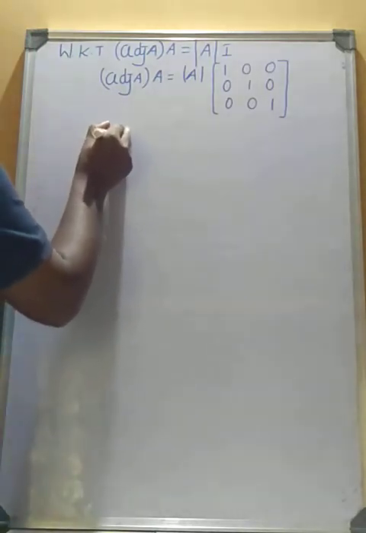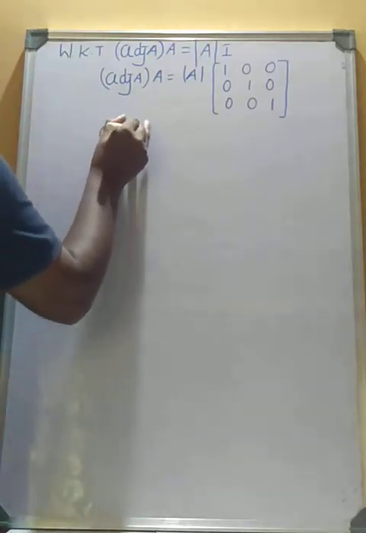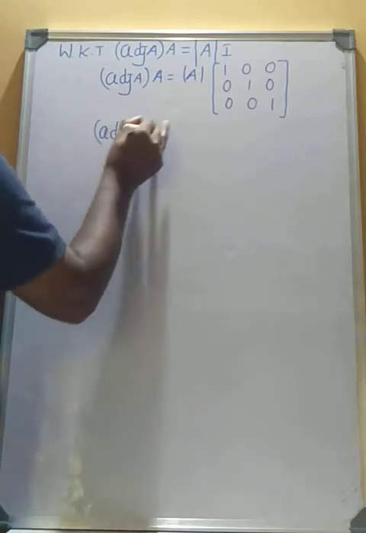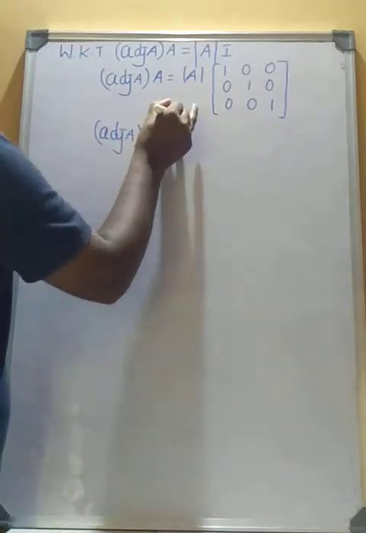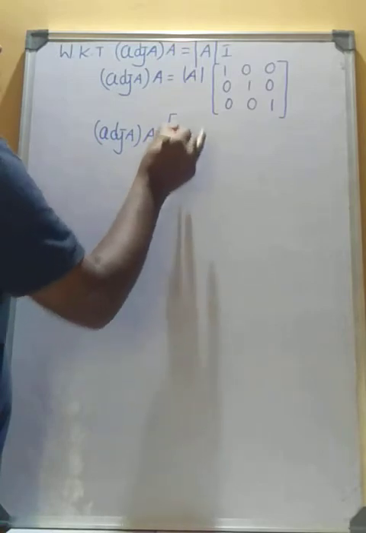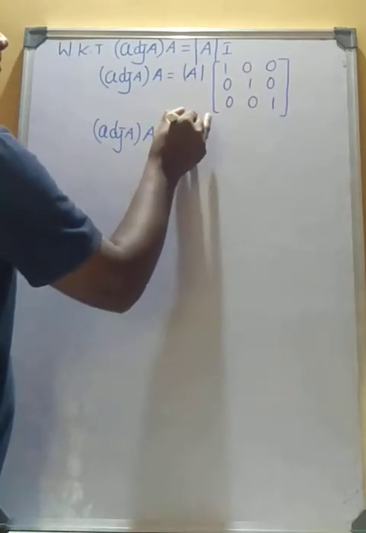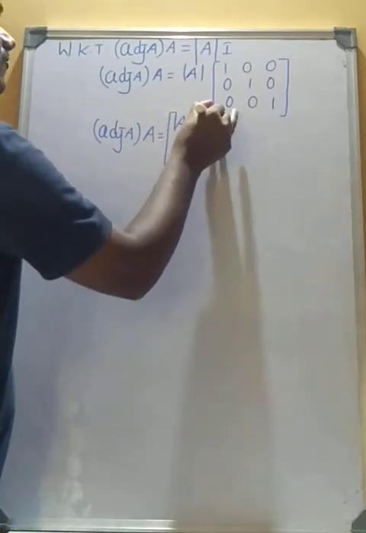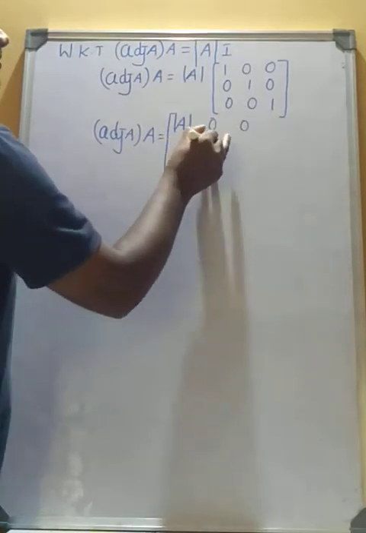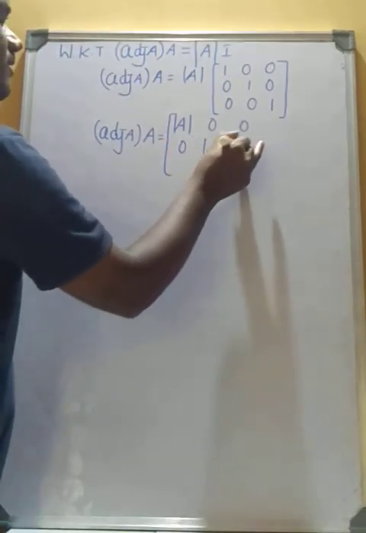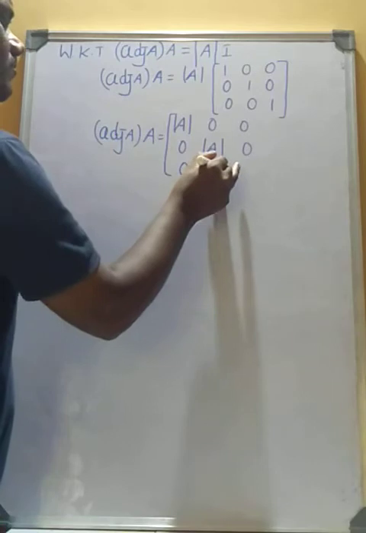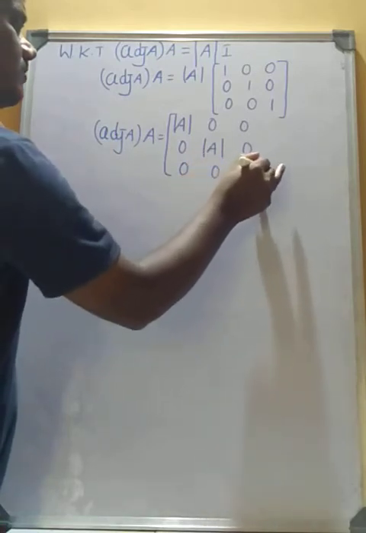So therefore, adjoint A into A equals, multiplying by determinant of A, determinant of A 0, 0, 0, determinant of A 0, 0, 0, determinant of A.